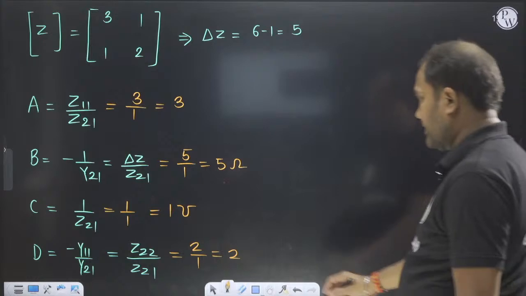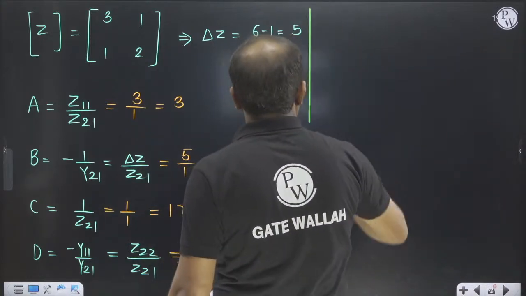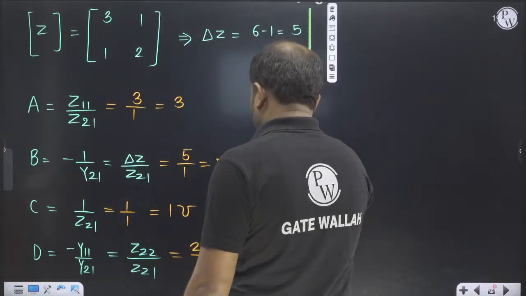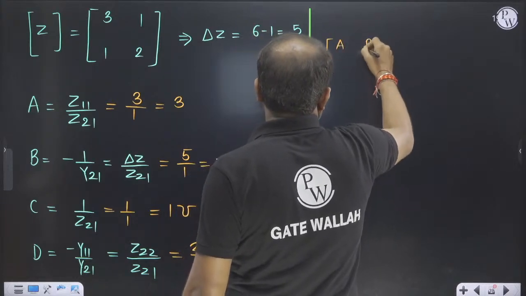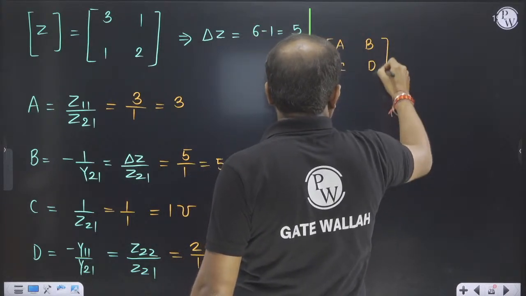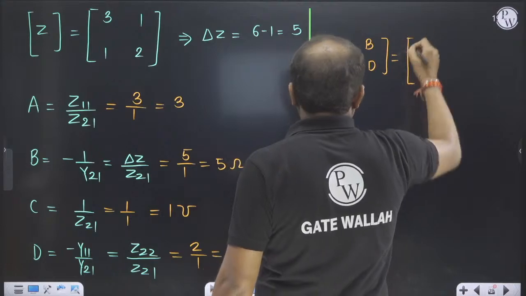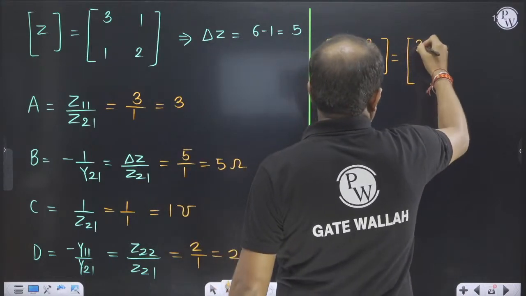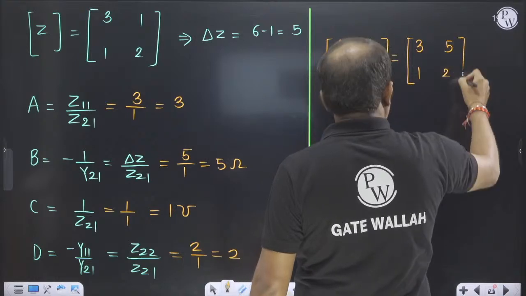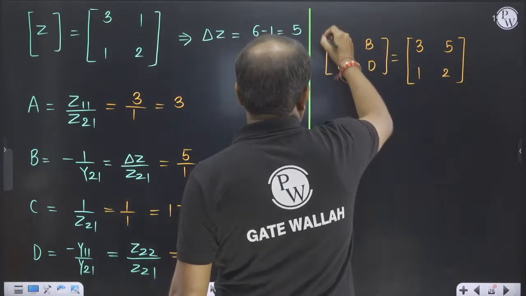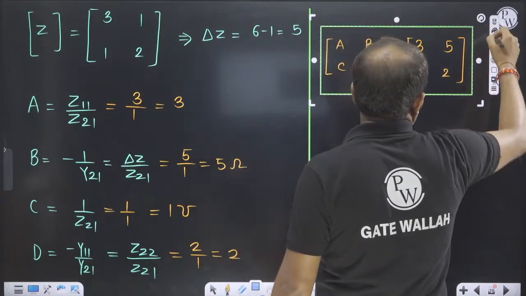The ABCD transmission line matrix for this network is 3, 5, 1 and 2.